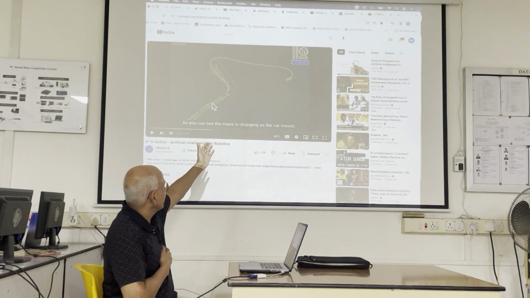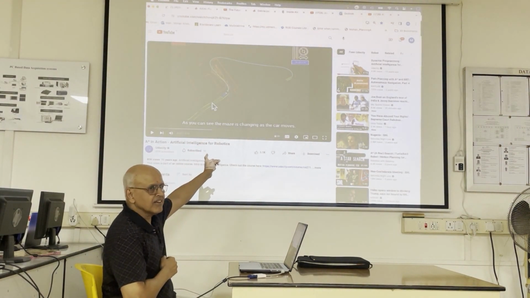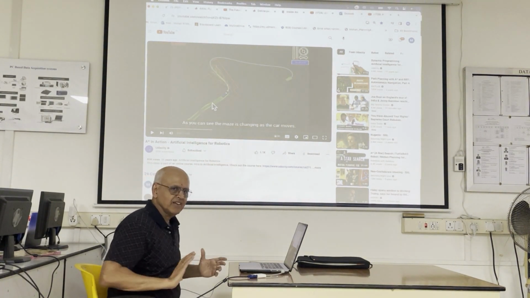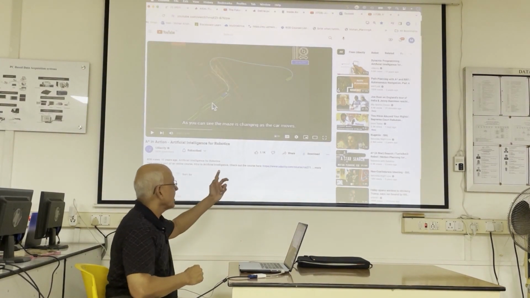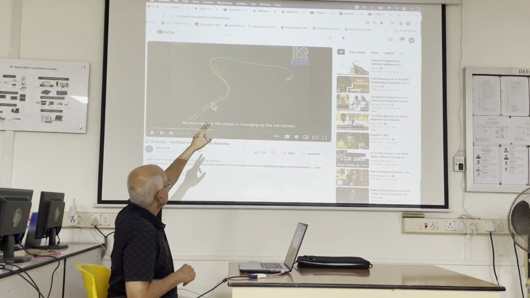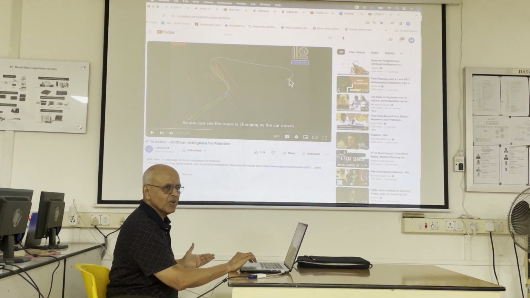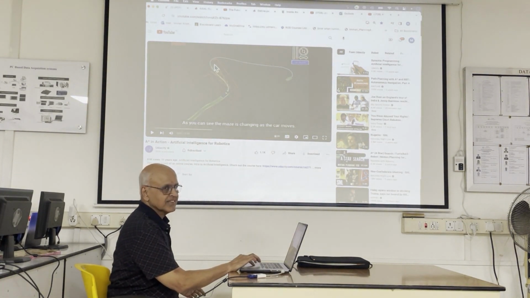This is a very sophisticated implementation of A star. He's got a regular car, not a differentially steered robot. A differentially steered robot can turn in place. You saw that already, turn in place and go this way. This can't. And yet he's able to use A star. As he moves, you'll see more and more walls, and ultimately he'll end up at the goal here. So you can see these are all trial paths.